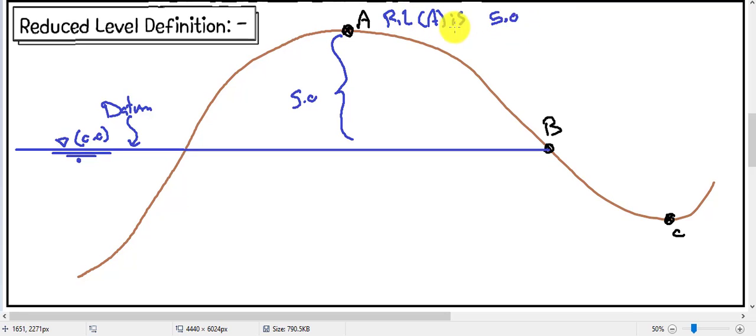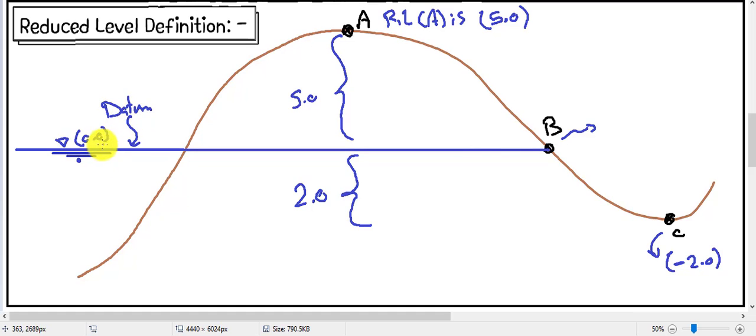And we always put the reduced level between two brackets. If the point is below the sea level, for example here, point C is below the sea level by 2 meters, so the reduced level of point C will be negative 2 meters. And if the point is located on the sea level, its reduced level will be the same as the reduced level of datum.